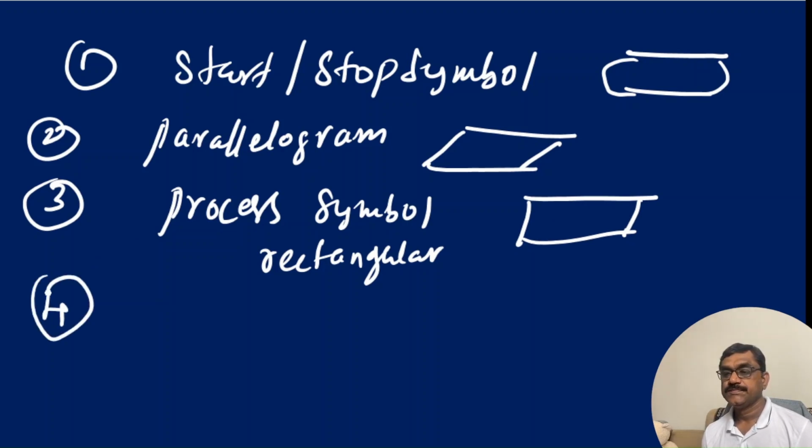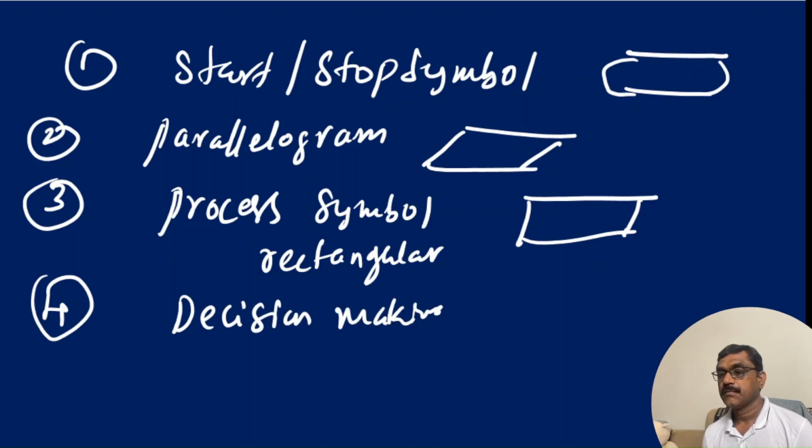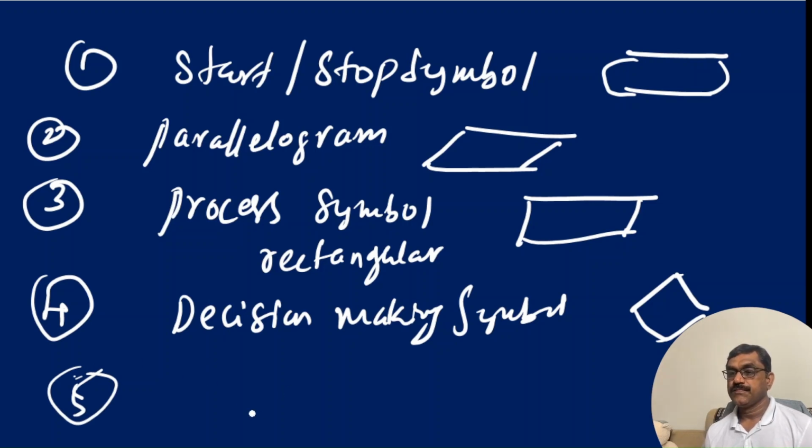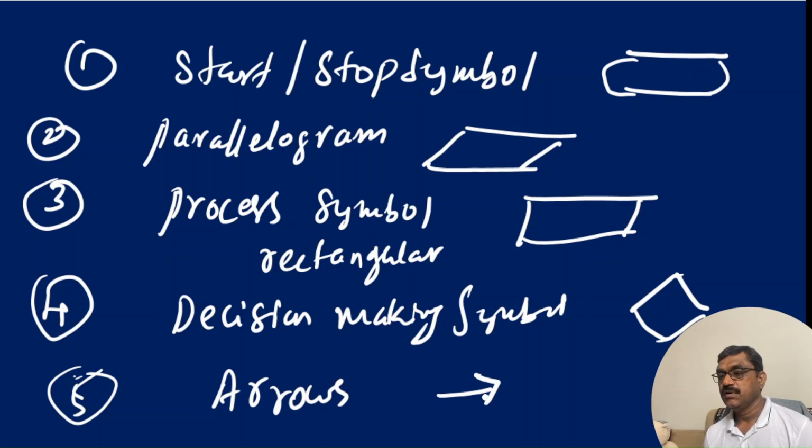Now the fourth one is the decision making symbol. We call it a rhombus or diamond shaped symbol. And we use arrows like right arrow, left arrow, up arrow, down arrow. There are other symbols also, but these are the basic symbols to draw a flowchart.